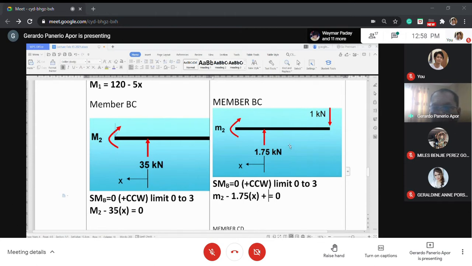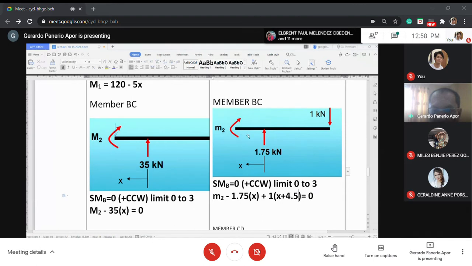If you sum up moment here, this one rotates counterclockwise. So that's 1. But the distance from B to D is equal to x plus 4.5. So that's from 0 to x to 4.5.